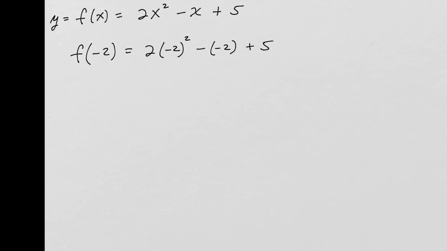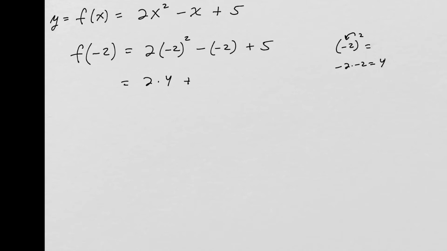Now you have to be really careful with the order of operations, right? So I need to do the exponents first, and notice that in this term here, I have -2 squared. The square is acting on the entire -2, so this is really the same as -2 times -2, which is positive 4. So this is 2 times 4 minus a -2.